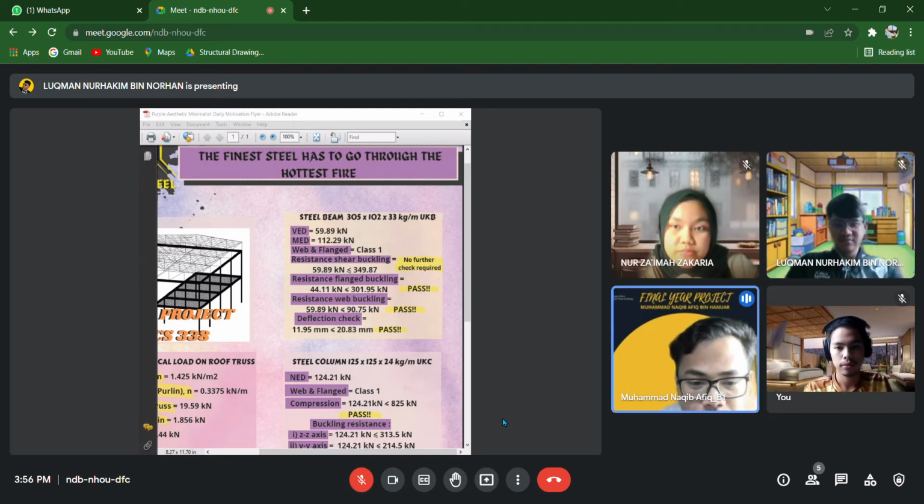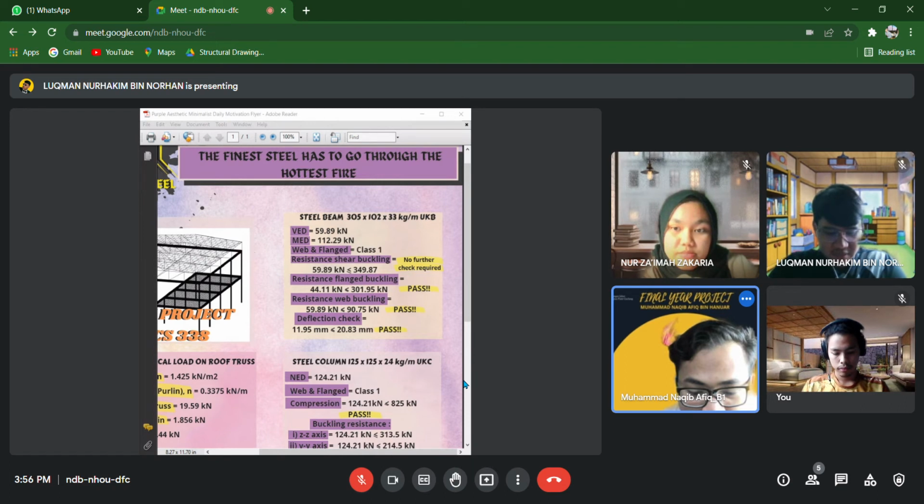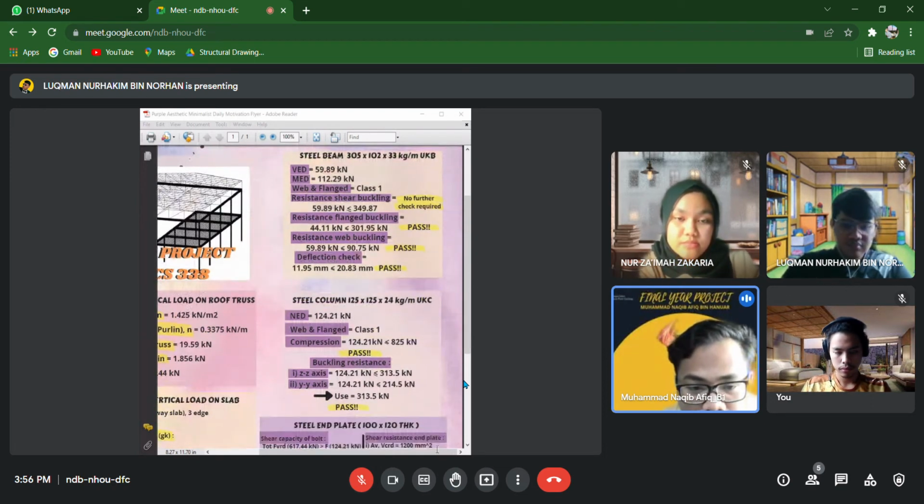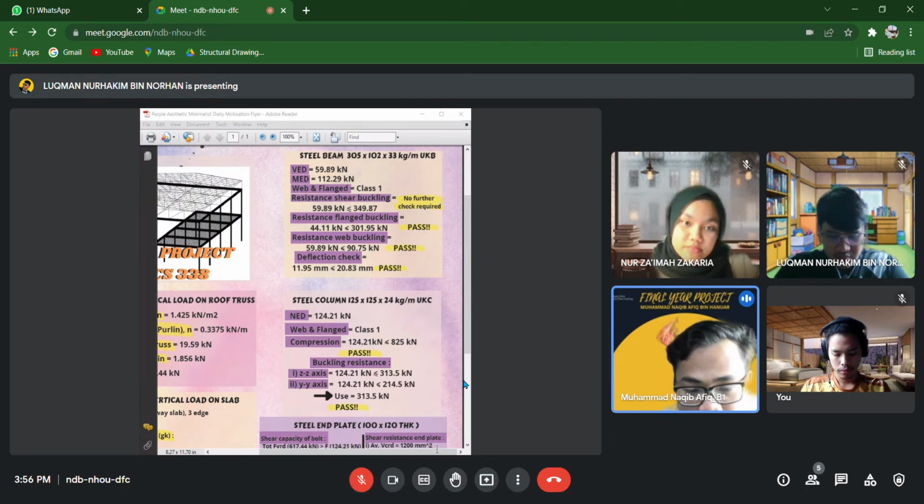We move on to the steel column, which is size 125 times 125 times 24 kNm. The column load is 124.21 kN, and for the web and flange, it is class 1. For compression, it passes because 124.21 kN is smaller than 825 kN.